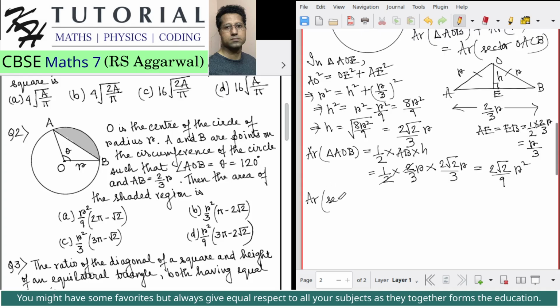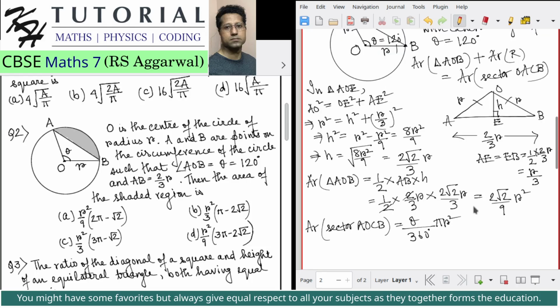The area of sector AOCB is theta by 360, where theta is the central angle of the sector, multiplied by pi R square, where R is the radius of the sector.